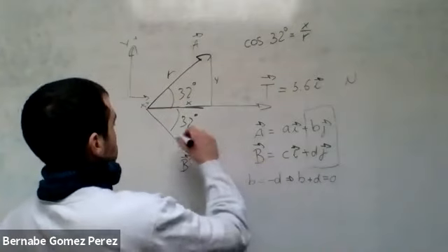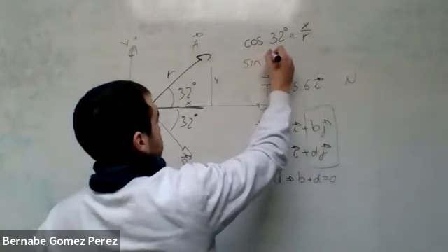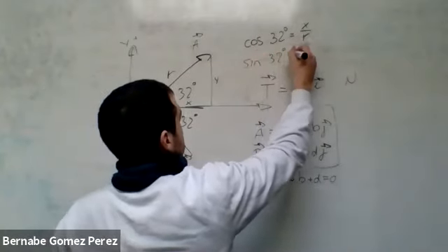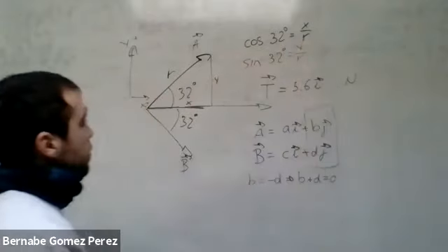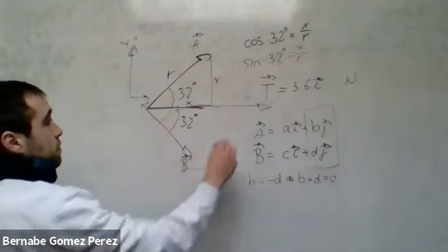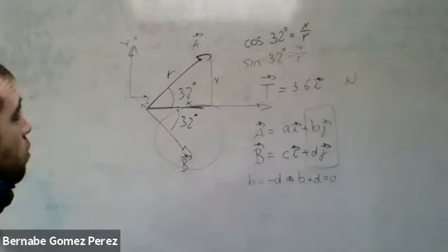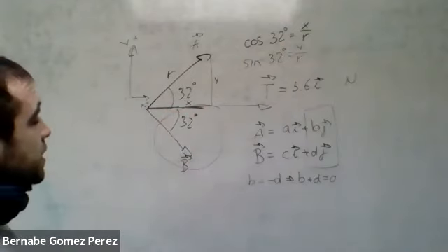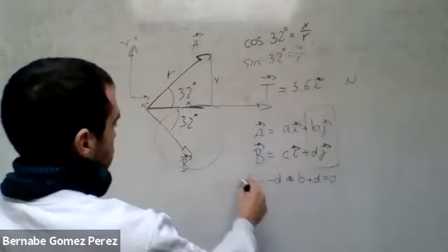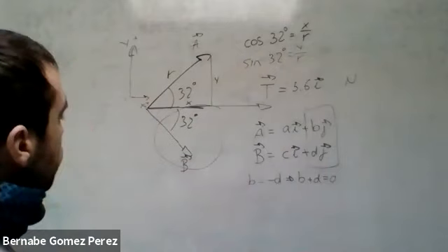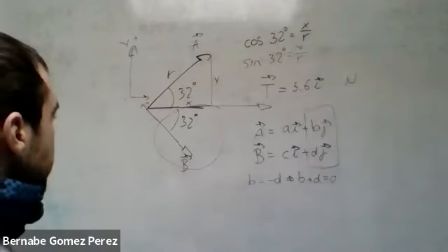We also know that the sine of 32 degrees is gonna be equal to Y divided by R. And we know the same about this one, okay? So basically we have 3 equations with 3 unknowns, okay?